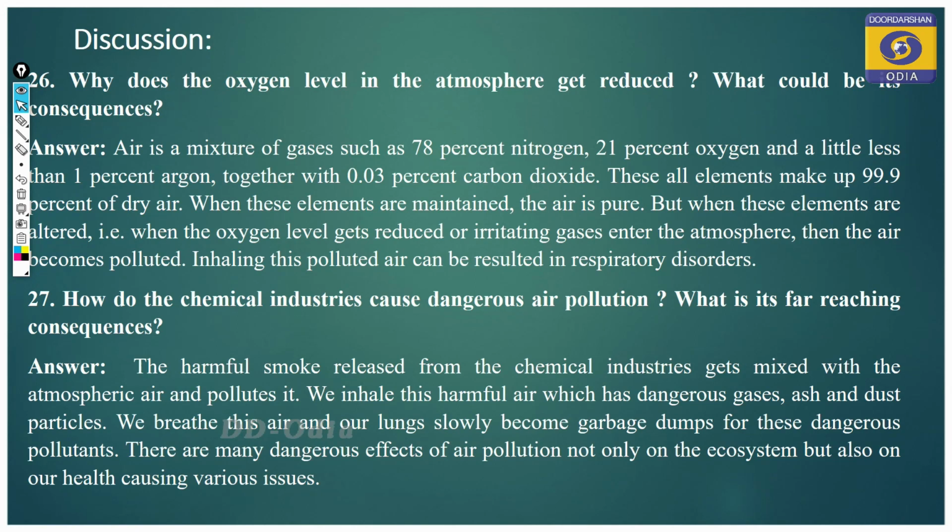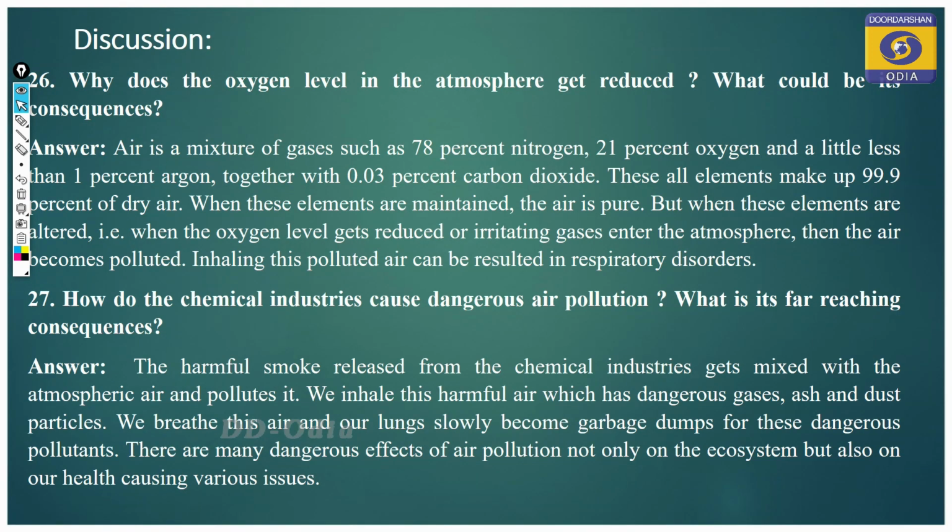It gets mixed with the atmospheric air and pollutes it to a large extent, after which we inhale this harmful air, and this dust and dirt slowly reaches our lungs. What happens when it reaches our lungs? It gives rise to a lot of health issues, especially respiratory disorders.